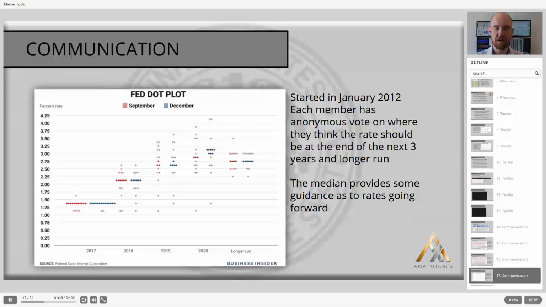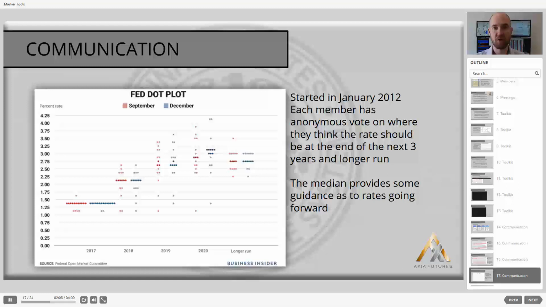So you get a situation where they could move one dot and perhaps not another. So they might move the 2018 dot and not the 2019, the implications of which are different to, say, if they moved all the dots. So you have to think through each year's dot, how that could move in terms of formulating your trade idea. And this will also influence how far you think the move could go as well.